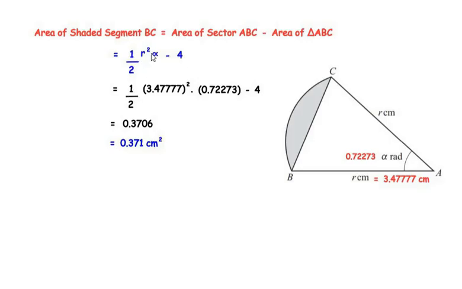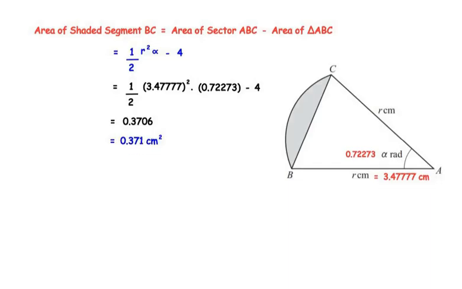Now in the next step we have substituted the values of radius and alpha. So this gives us the value of area of shaded segment BC as 0.3706. And since we have to get the answer to 3 significant figures, we have rounded this value as 0.371 square centimeters. So this gives us the area of the shaded segment BC.